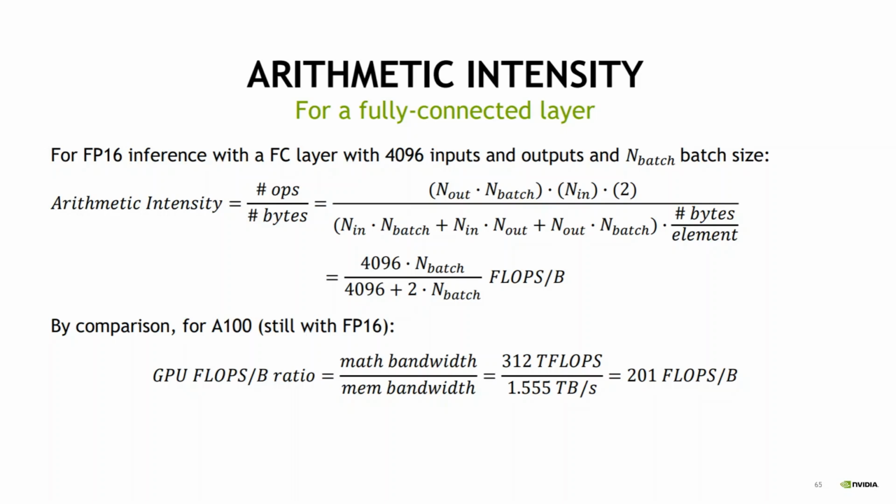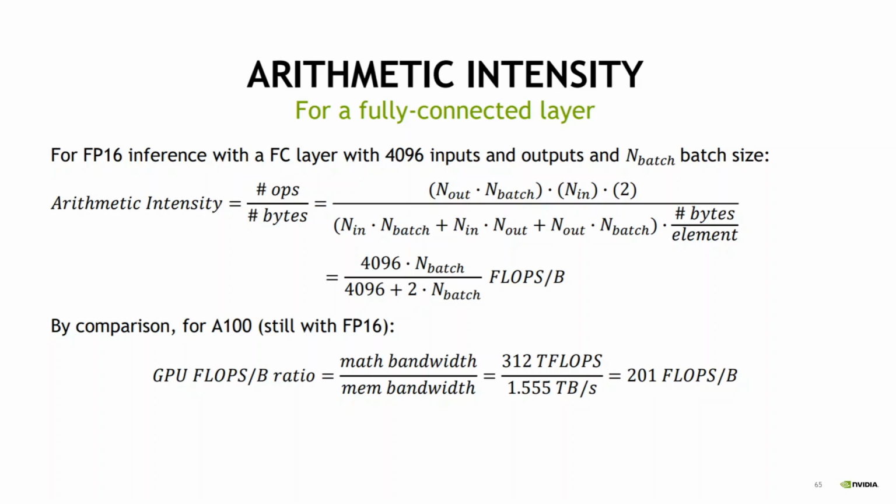For the right side of our equation, we have constants because we do computations on the A100 GPU in FP16 mode. We take these numbers from the previous slide and divide math bandwidth by memory bandwidth: 312 teraflops divided by 1.5 terabytes per second, and this will be 201 flops per byte.